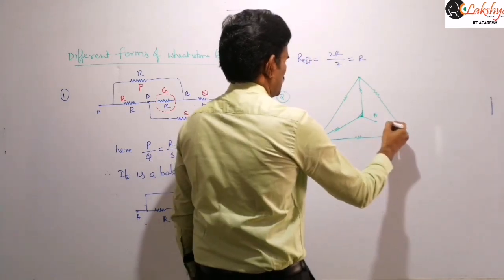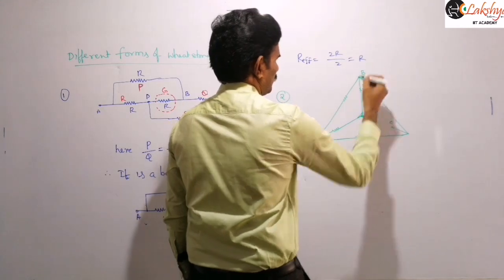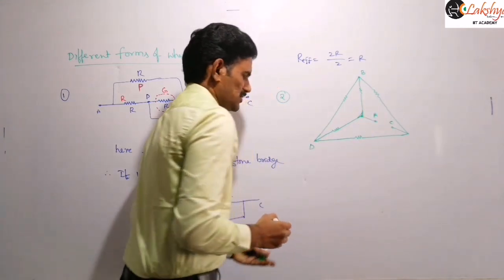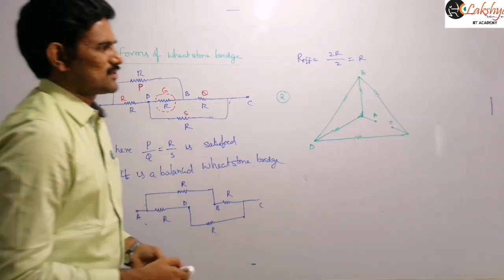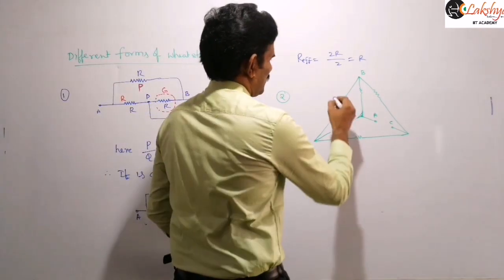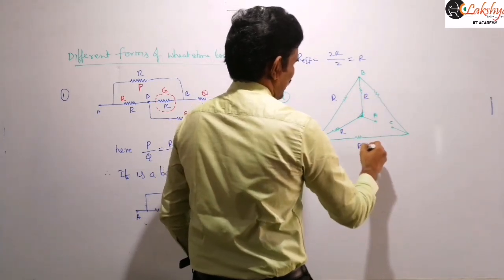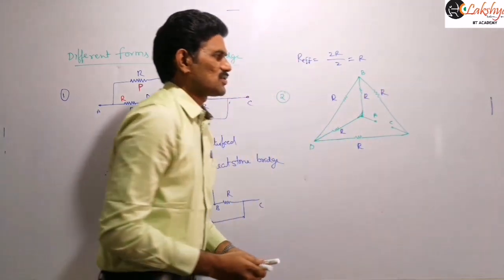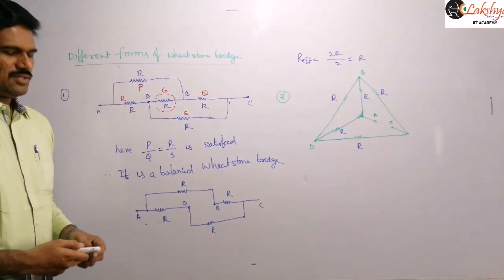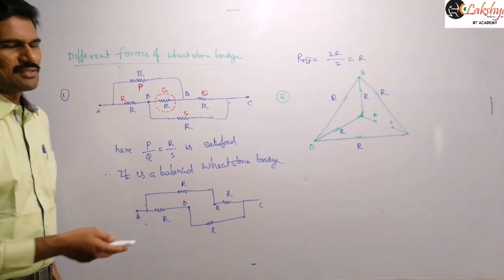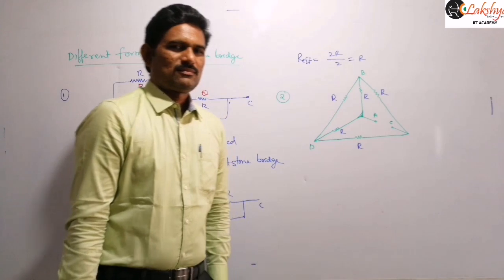Now suppose this is point A and this is point C, right? So between A and C we need to find again the effective resistance, and let us consider that all of them are identical resistors. So identical resistors are connected like that. So then we need to find the effective resistance between A and C.